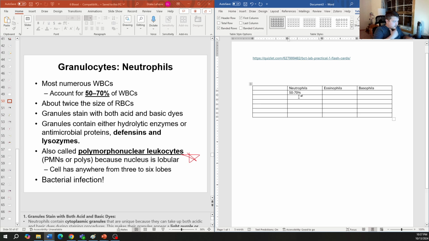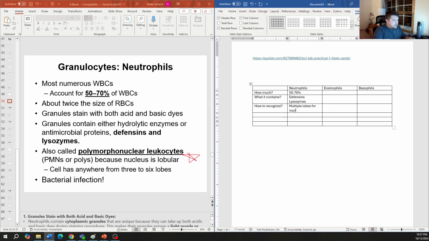If we mentioned the proteins, defensins, lysozymes. Important info, how to recognize it: this one has multiple lobes for a nucleus, polymorphonuclear. Bam, that's our granulocytes. Bacterial infection.